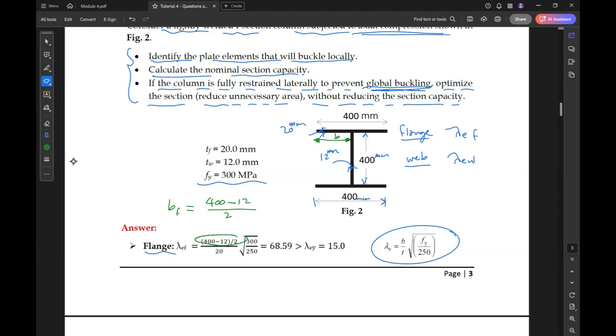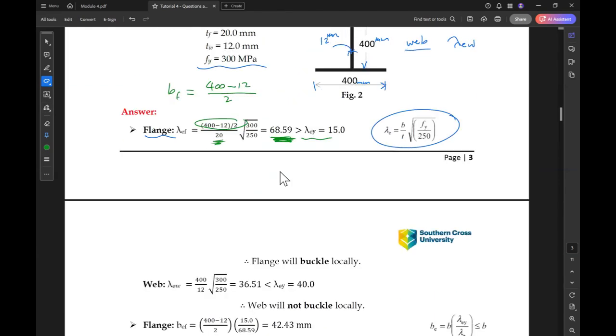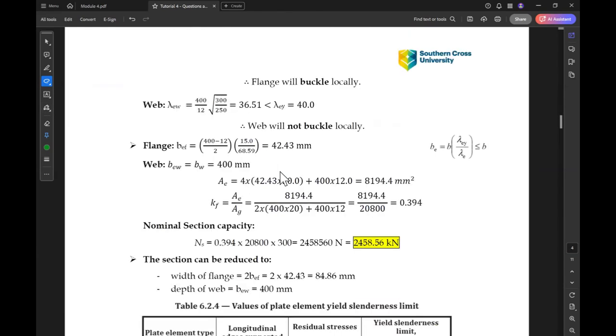So this is b. The thickness of the flange is 20. F yield is 300 and 250. So we get that lambda e flange is 68.59, which is more than lambda ey for flange, 50.